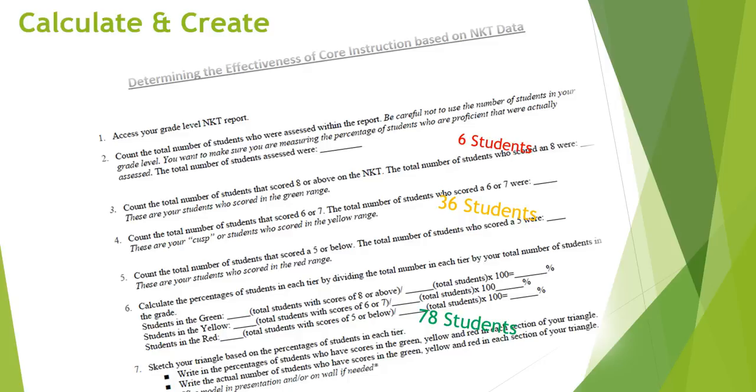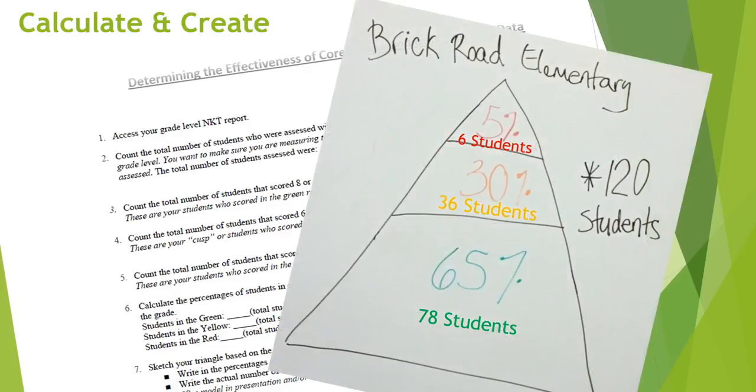So, we want to have you create basically your triangle to see where your proficiency levels come out. And if you would, use your chart paper to write out, according to your data and your printout, what percentage of students fell into the green, yellow, and red areas, as well as how many children that was in each tier.